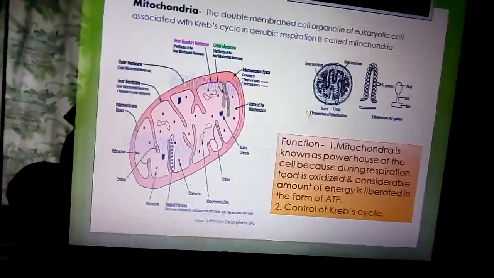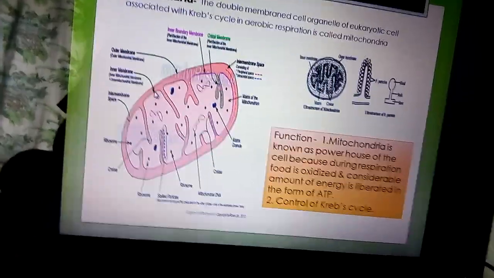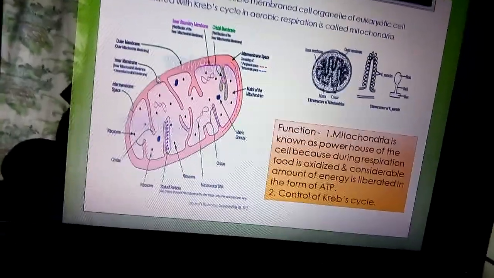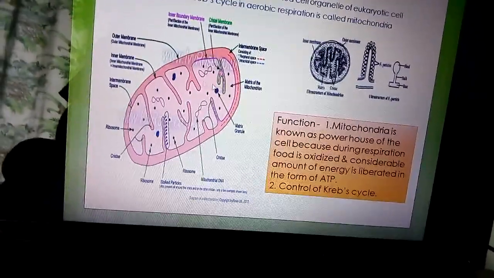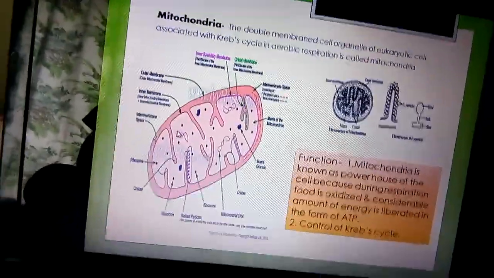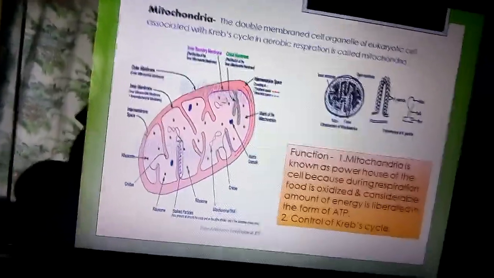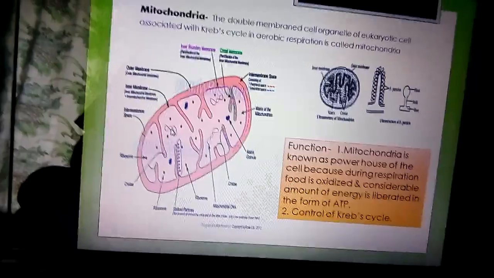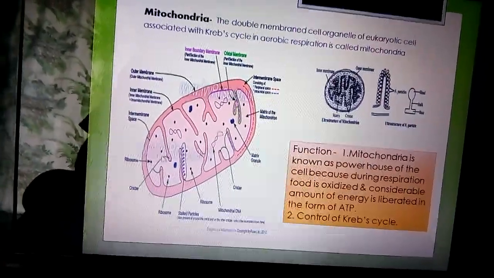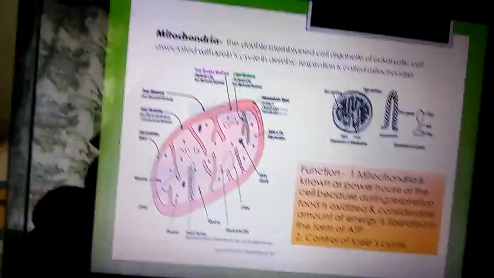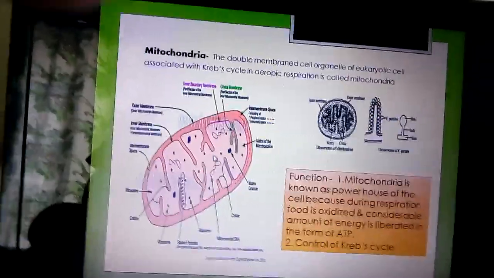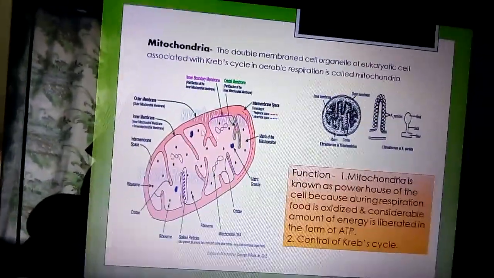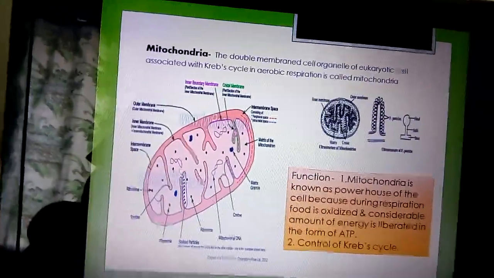The inner mitochondrial space is filled with dense fluid. This is known as the matrix, which contains proteins, fats, DNA, and ribosomes. Here the ribosome is 55S, and various types of enzymes are present.